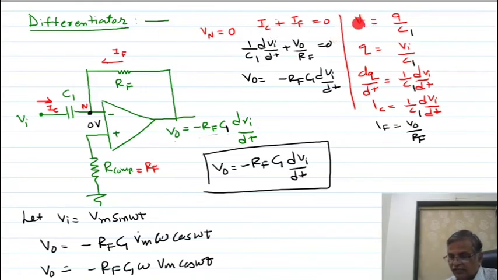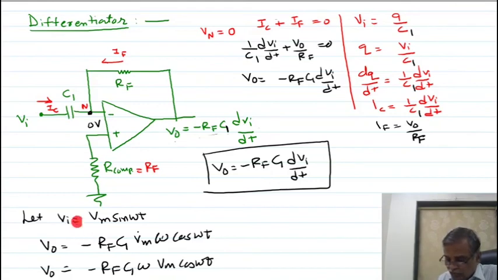Q is equal to C1 times Vi, so dq by dt is C1 dVi by dt, and dq by dt is IC. We know IF is VO by RF. Putting the values in this equation, I get the output voltage equal to minus RF C1 dVi by dt. This is the equation of output voltage.